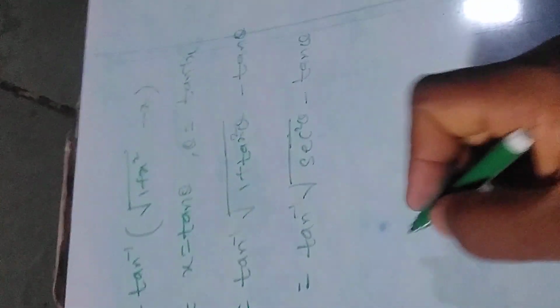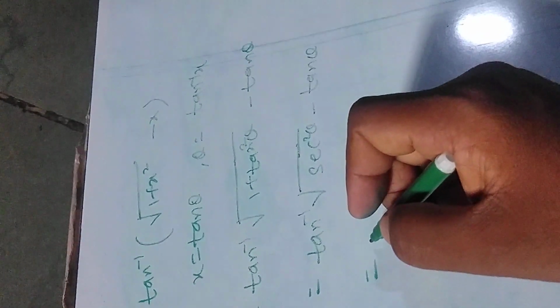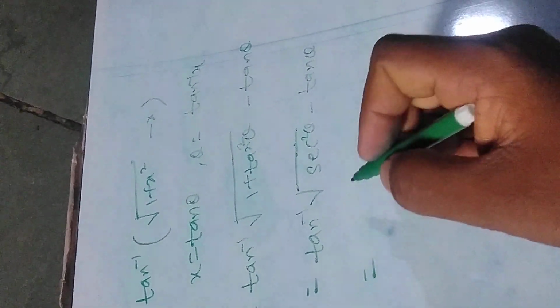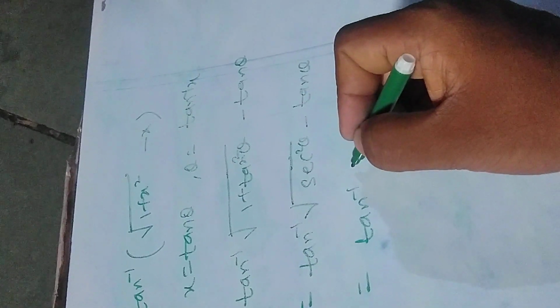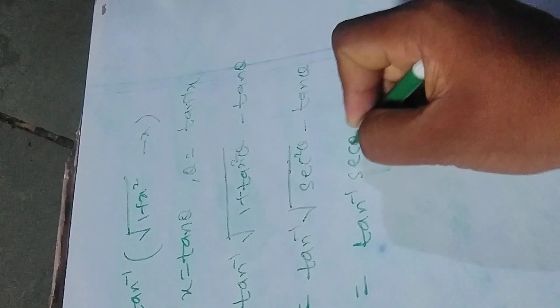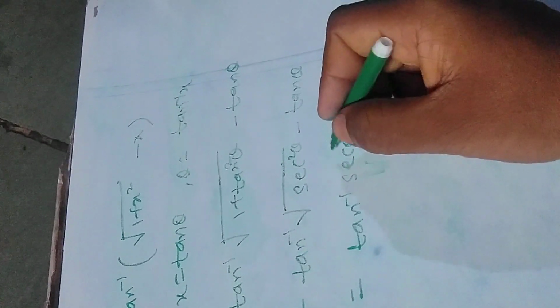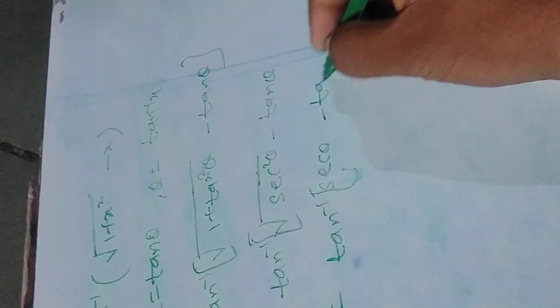Under root of sec square theta will be sec theta, minus tan theta.